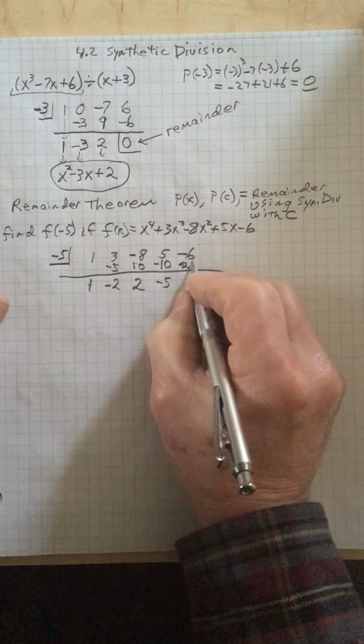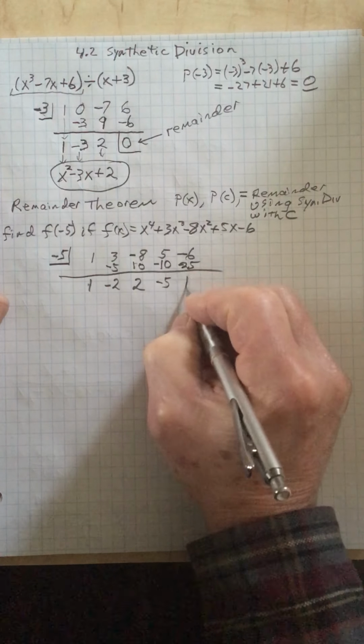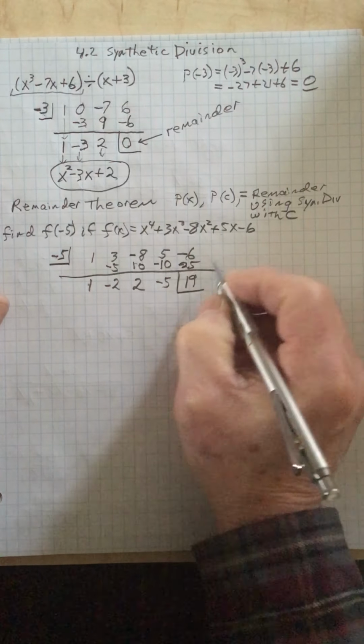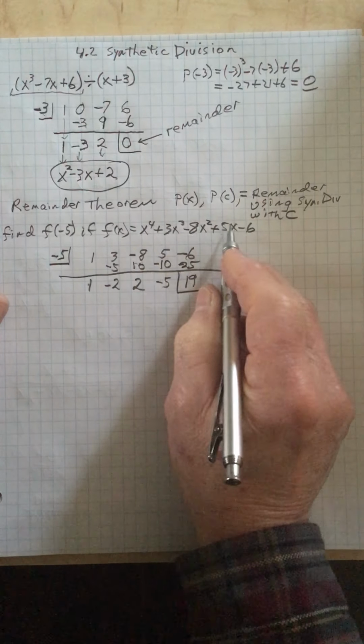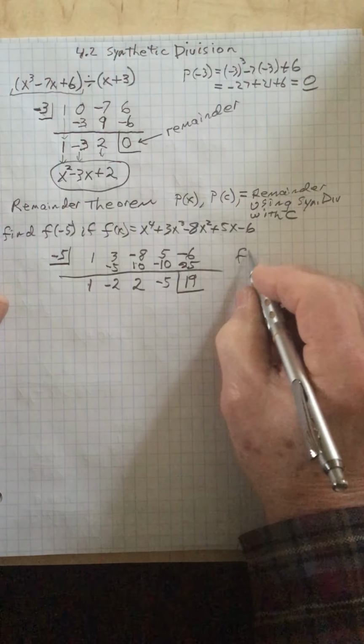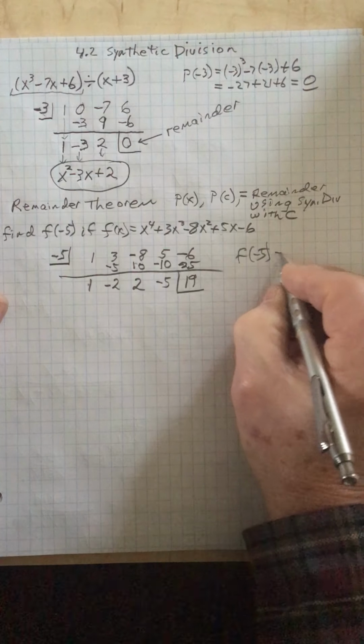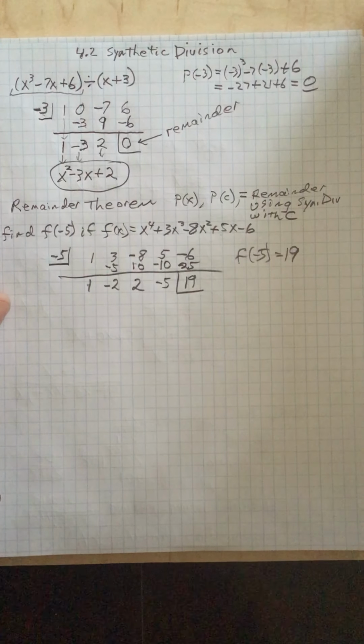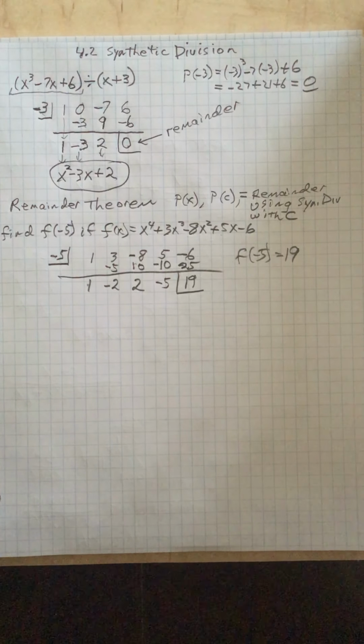That's going to be a positive 25. Then add. That's our remainder. So rather than plug this in and do all that work, f of minus 5 equals 19. So you can get it that way. It's pretty nice.